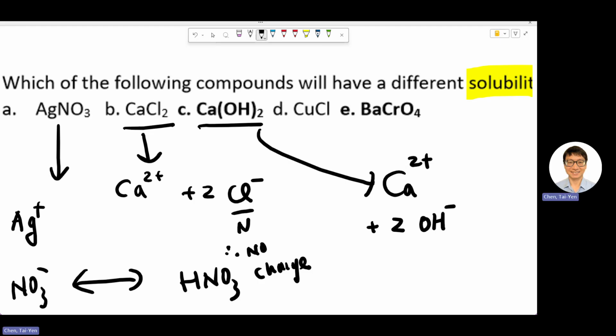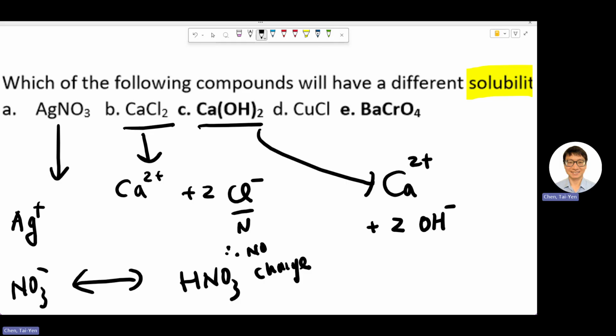I assume everybody knows OH minus is 1 minus, not 2 minus, right? So what's OH minus? A strong base, right? Should be very straightforward. If you add in H plus, it's going to consume your strong base, right?